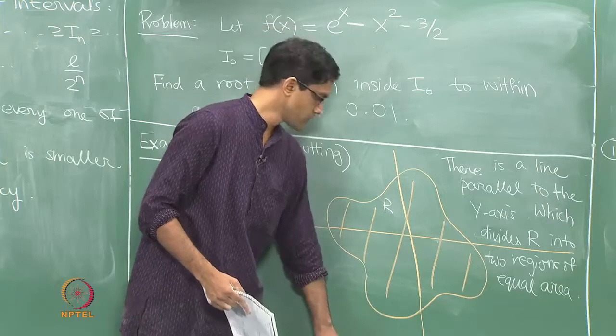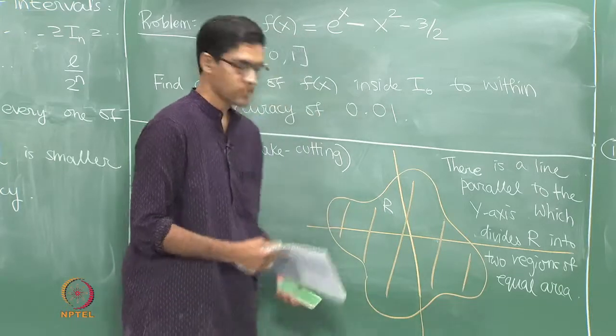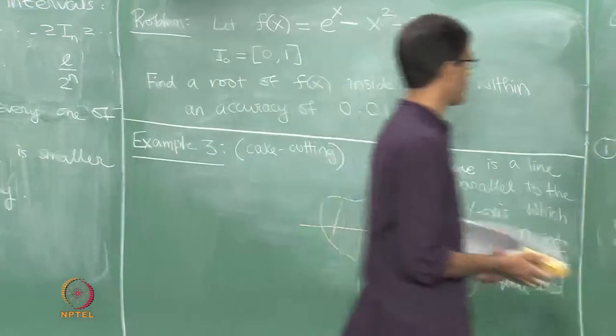Okay, so let's try and prove this statement, or see why it's really an instance of the intermediate value property.